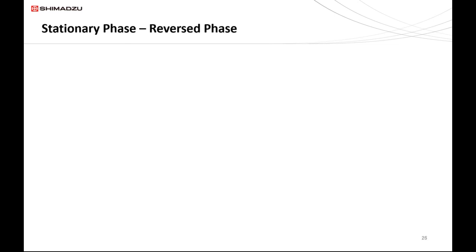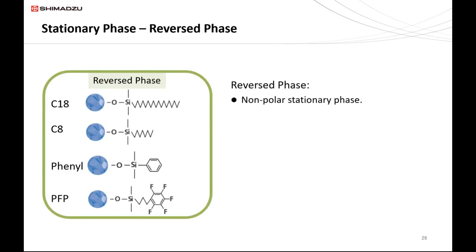Reverse phase columns has a non-polar stationary phase. Examples of reverse phase include C18, C8, phenyl, and pentafluorophenyl. They typically use a polar mobile phase such as water with water miscible organic solvent such as methanol or acetonitrile.